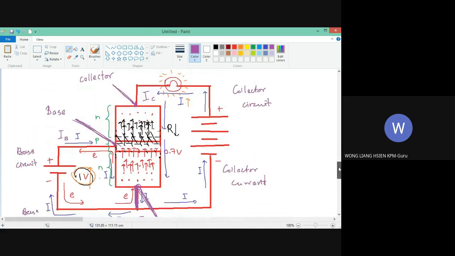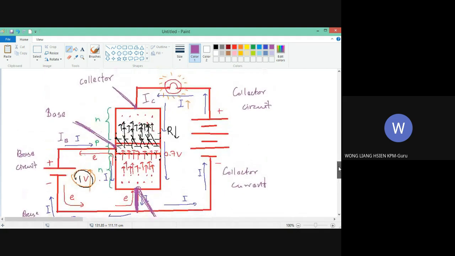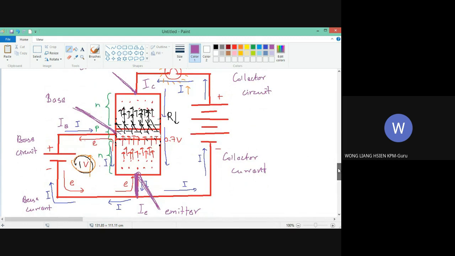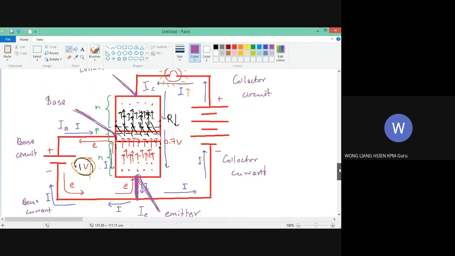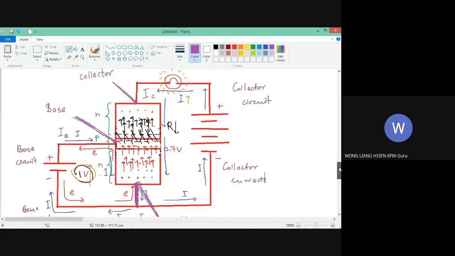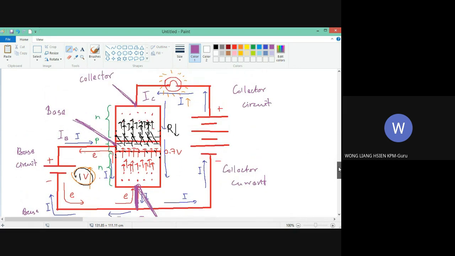So these are the working principle and also the names of the parts of the transistor. You see here, this is for the NPN transistor.